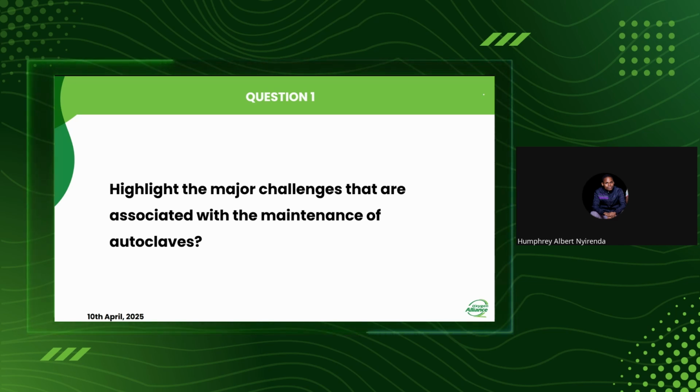Another cause of such instances is water quality. Water quality is one of the environmental factors affecting the autoclave. We have areas in Malawi, and I believe in other countries across Africa and elsewhere, where the water sources are salty or have impurities.